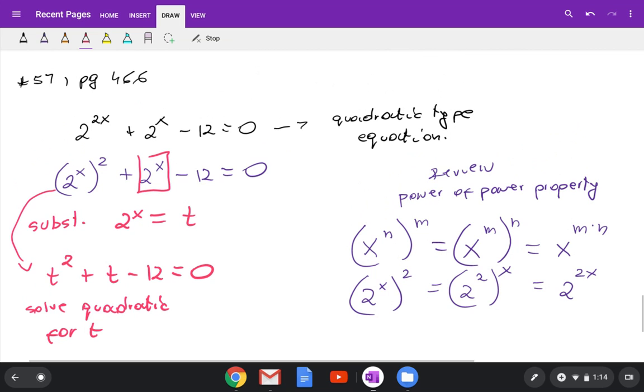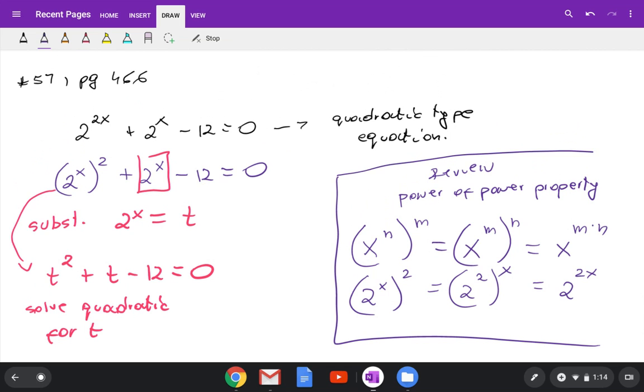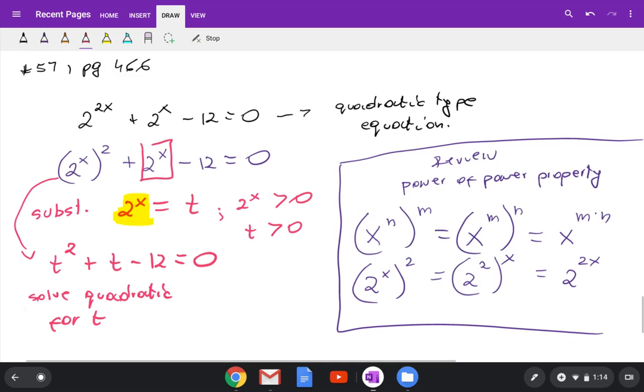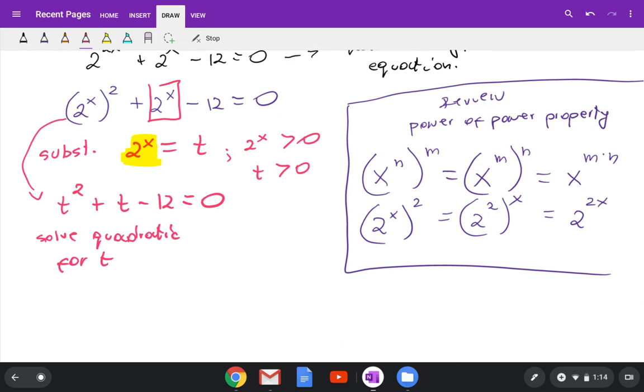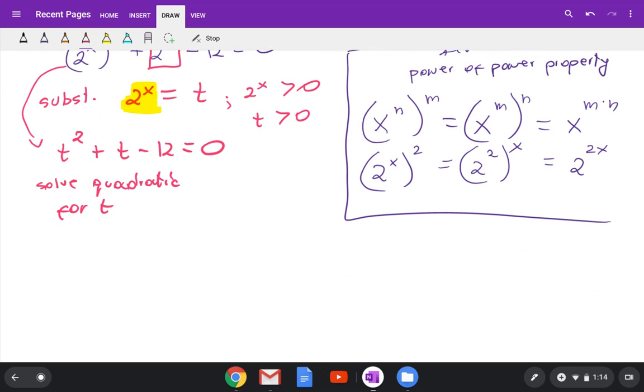Now, a couple of things when you're using that substitution, just put it on the side. By now you should know that 2 to the power of x is always positive, which means that t has to be positive. So when you solve the quadratic equation for t, you're only going to take the solution which is positive.